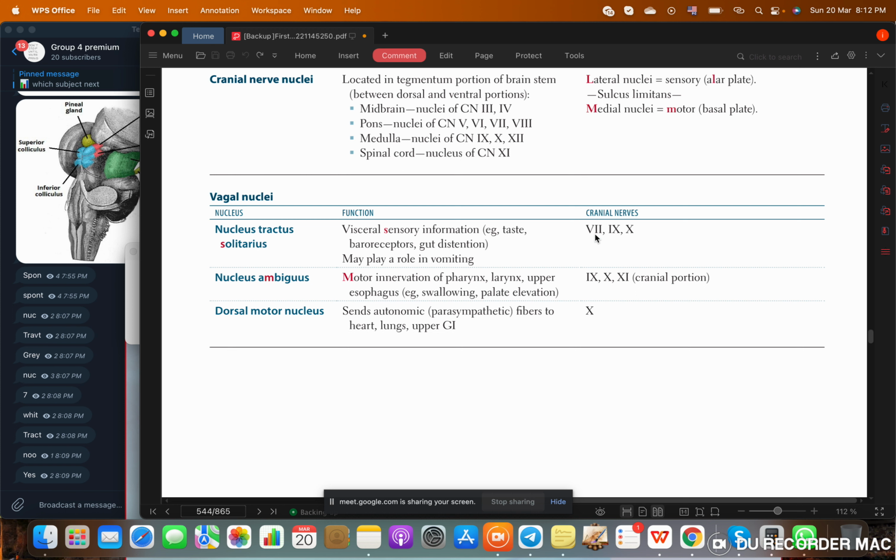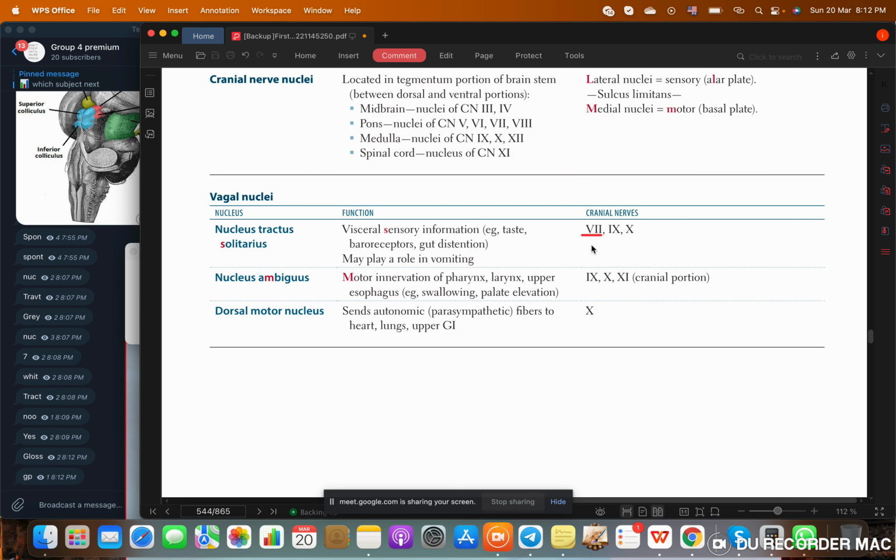If you were me, try to make it easier on yourself and remember which cranial nerves are responsible for the taste inside of the mouth. I told you about the 3 of them, if you remember. Do you remember? It was cranial nerve number 7 for the anterior portion, right? And 9 for the posterior 2/3, and 10 for the epiglottis.